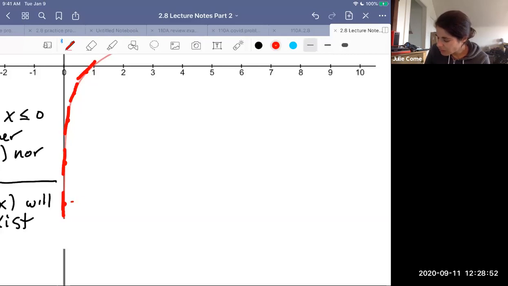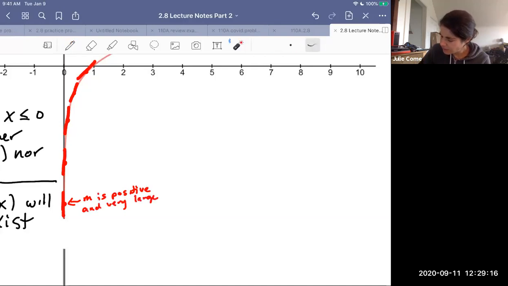So I look at this one, I can tell that m is positive. This is a really steep slope and it's a positive slope. That's going to mean m is positive and very large, right? We get steep slopes when we have numbers that are large in magnitude. So m is positive and very large. And what happens as we go further and further to the right?